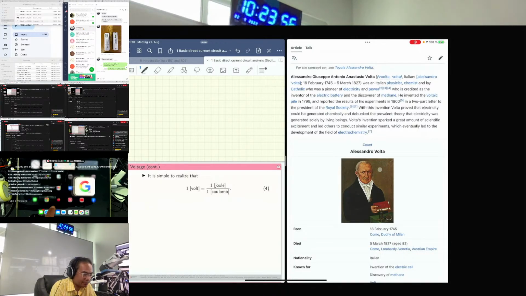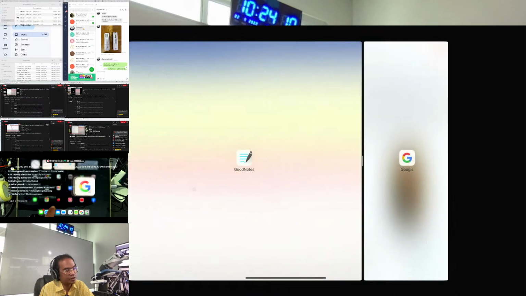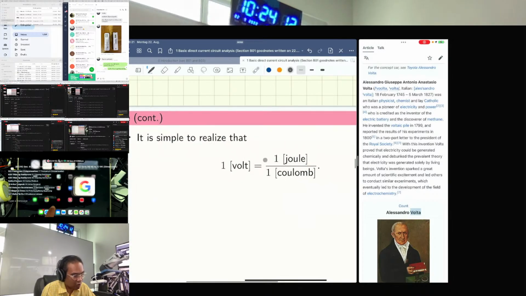He discovered the amount of work per charge. So we use his surname Volta, but we just say Volt, to denote the unit of joule per coulomb.